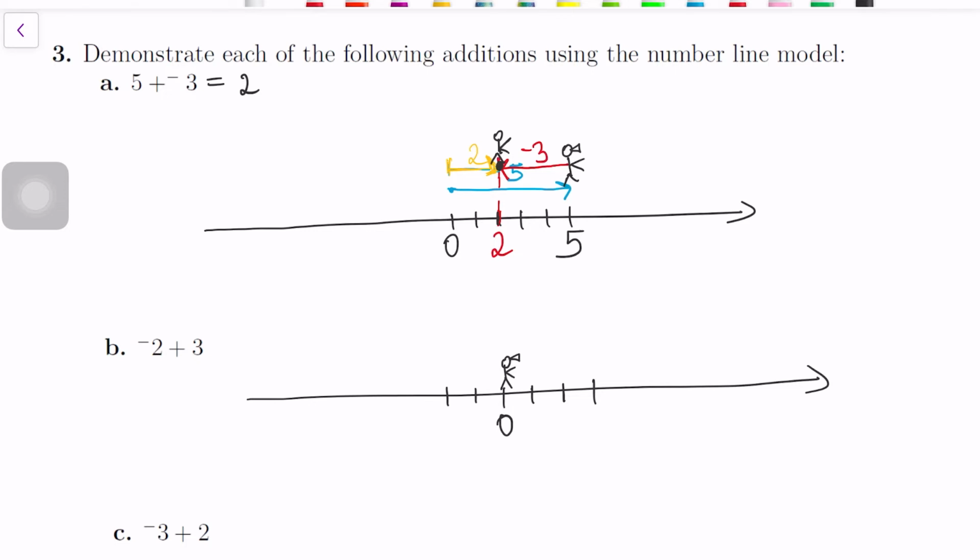But the first number is -2, which means you're going to go 2 units west, backwards, right? You went backwards, so you're still facing east, right? So then you're going to go 3 units forward.